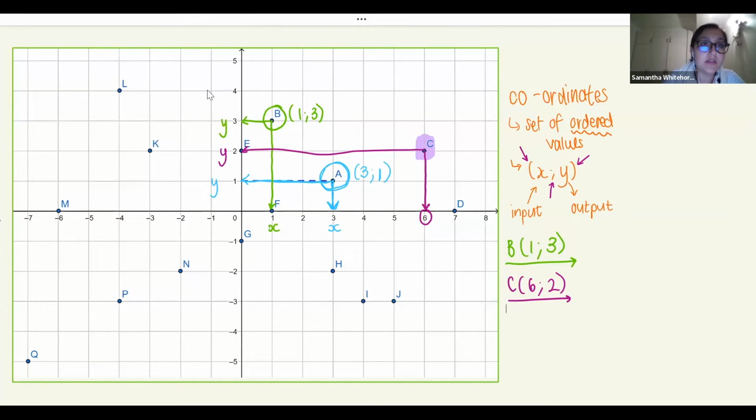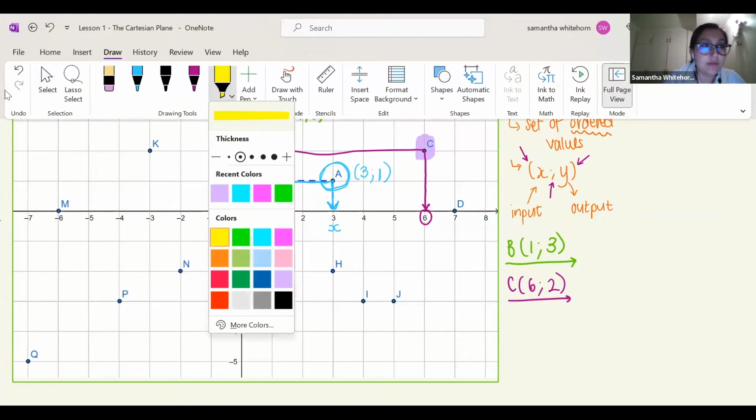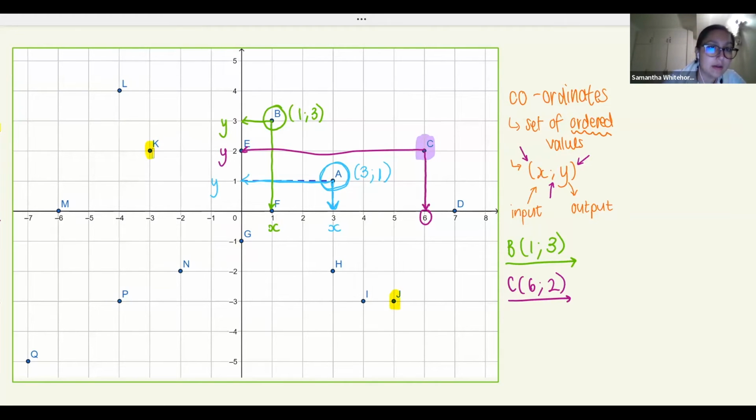Excellent, guys. So now I'm going to give you a couple that I want you to try. And I want you to put them in the chat for me. And then I'll tell you when you can raise your hands. But for now, all I want are the following coordinates written down in the chat. So I want you to do J, K, M, P, and actually G. Sorry, I've gone alphabetically.